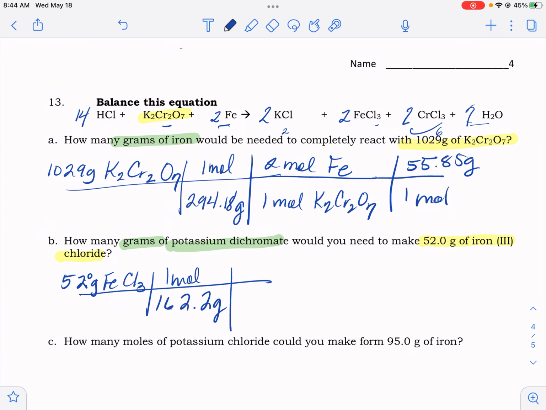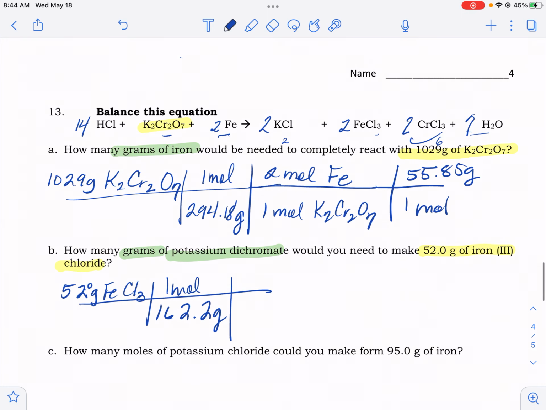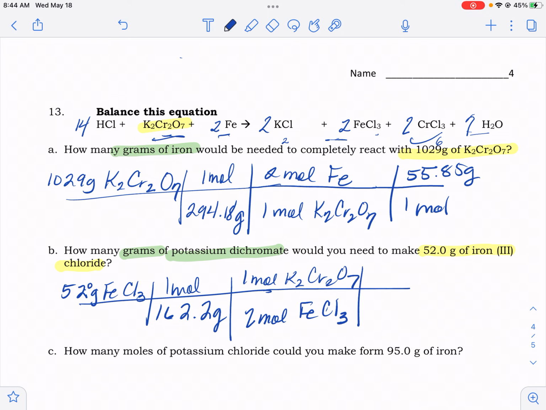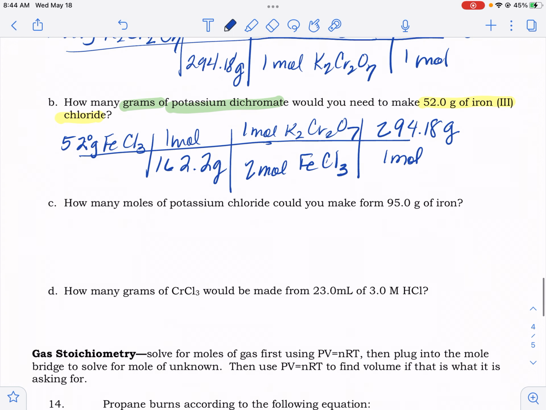And I'm going to go from iron chloride to potassium dichromate. So 1 mole of potassium dichromate to 2 moles of iron 3 chloride, and the molar mass we already calculated for potassium dichromate. And that would be that.